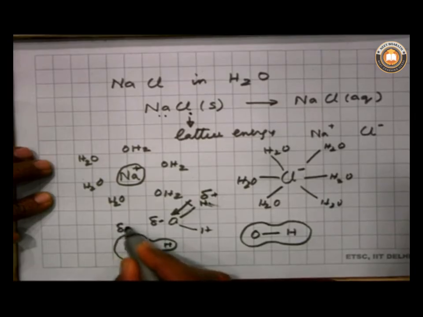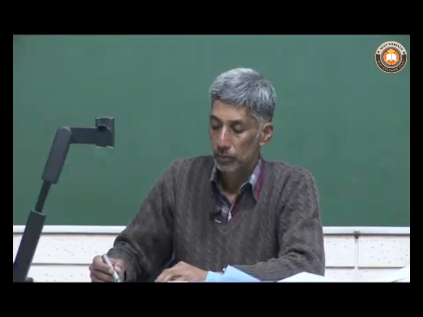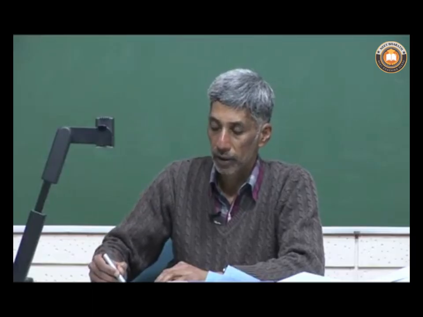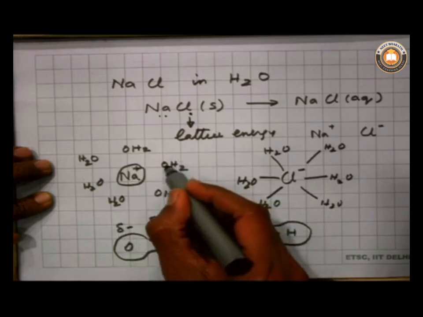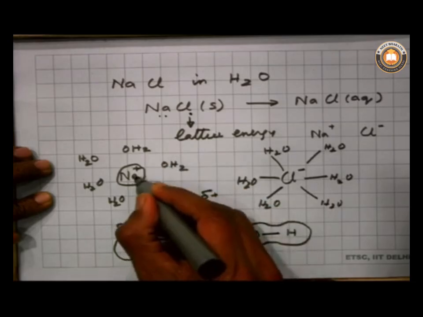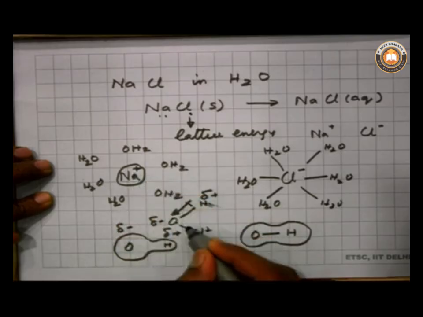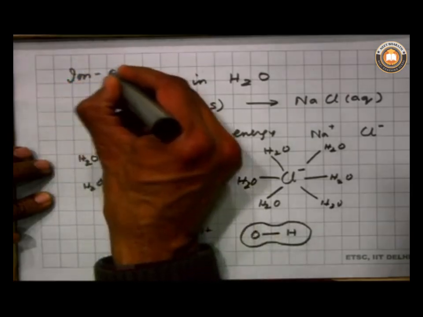So, I will get delta minus, delta plus, and when I have this, it is a dipole. I have an ion here, and I have a dipole here on this water molecule. So, you expect that there will be an interaction between the ion and this dipole. This is an example of an ion dipole interaction.